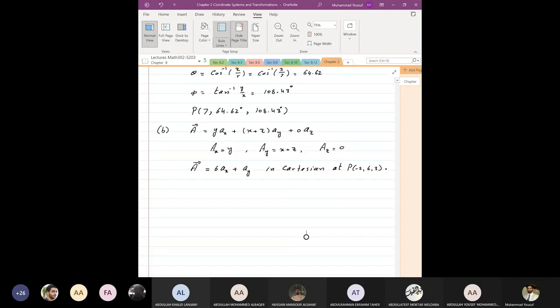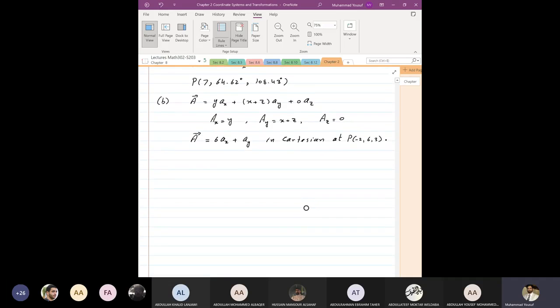Now we will convert this vector. First let us convert this into cylindrical. The equations which convert from Cartesian to cylindrical, I have written before.